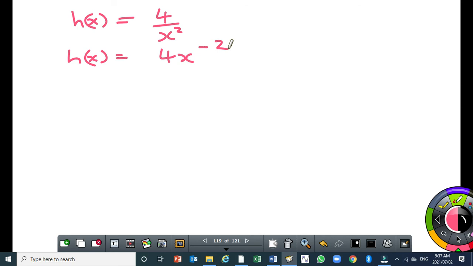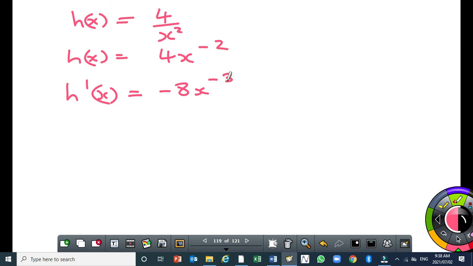Remember we did rules, and I told you that before you find the first derivative, you must remove division lines. Right? Then now I'm finding h prime of x. It will be exponent times coefficient. That's minus 8x to the power of minus 2 minus 1. You get minus 3.